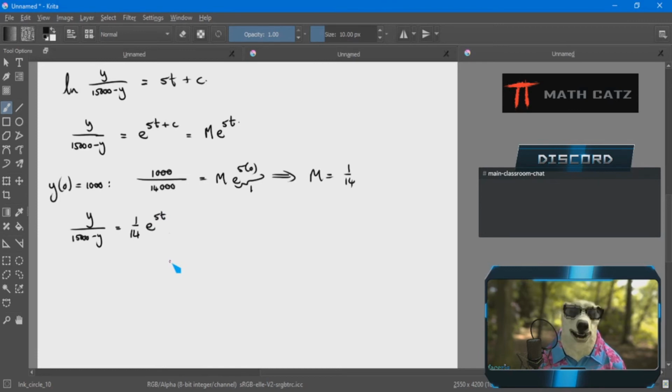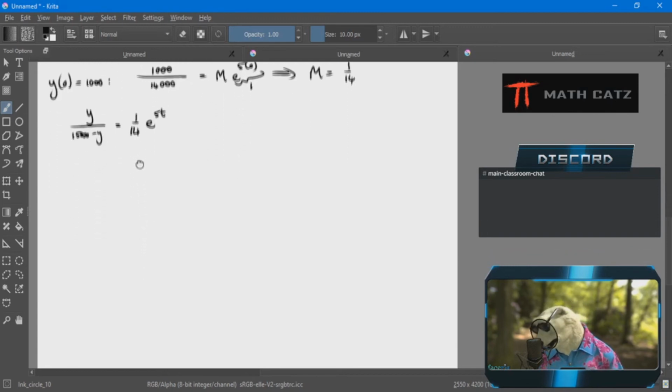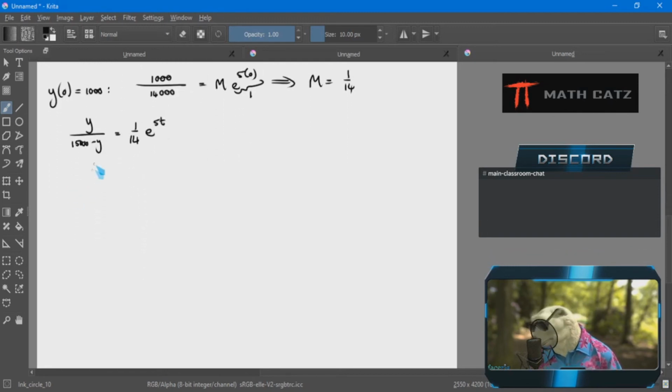Okay, so now we have to solve for y. Now, as you do more of these, it does start to fit the same logistic function formula that you could jump to. But for the first couple of examples, I want to go through the motions and see how I get to that function. And if you want to use it later on, go right ahead.